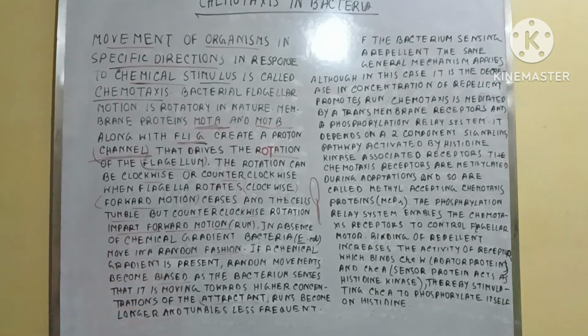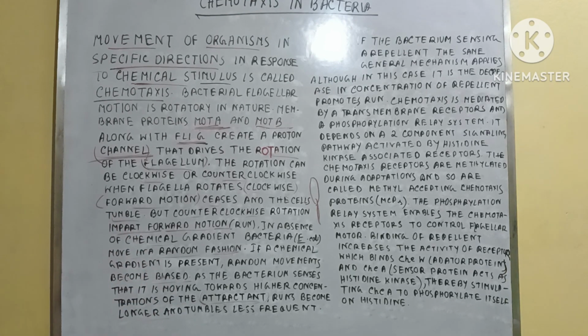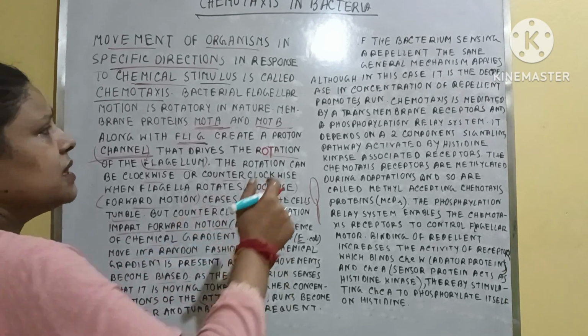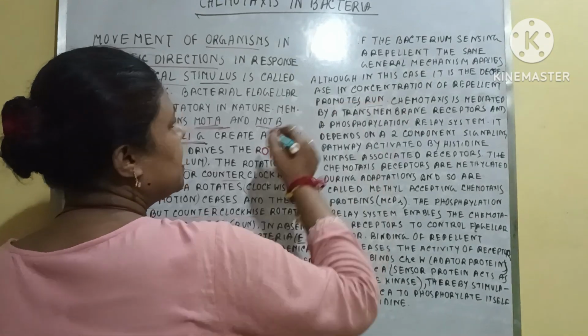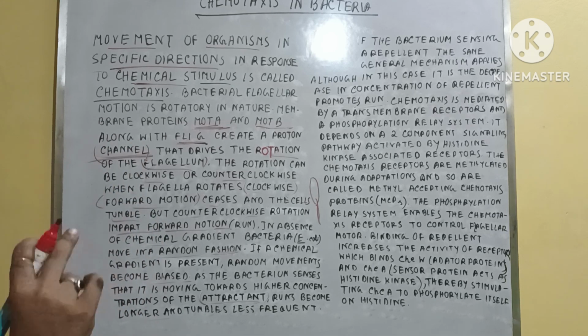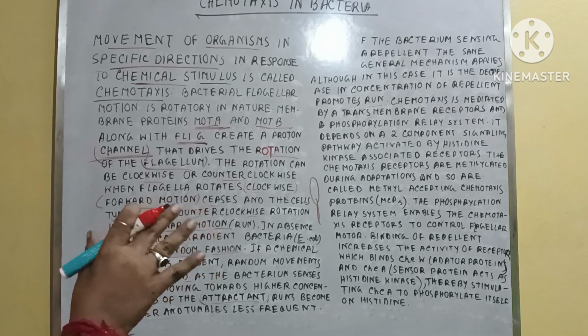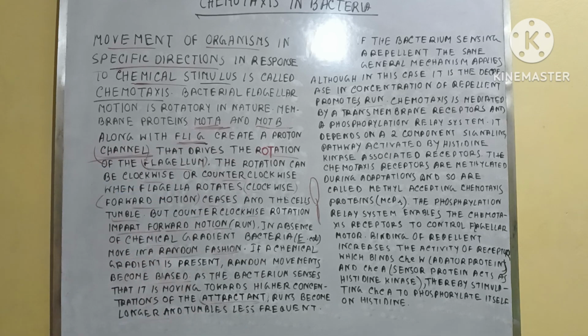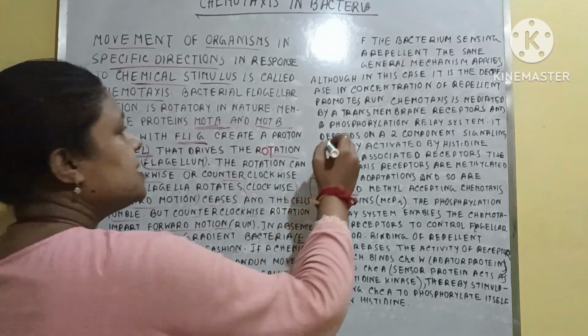That means if the repellent concentration is less, that promotes the forward motion. But if repellent is present in high concentration, the forward movement becomes very slow.